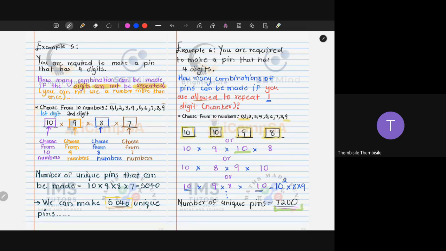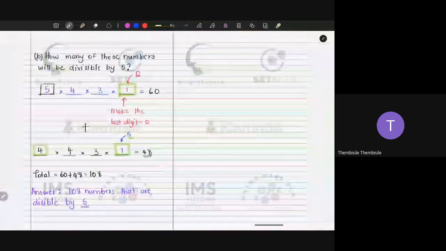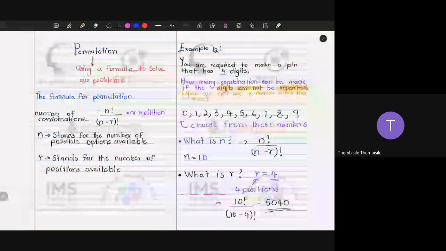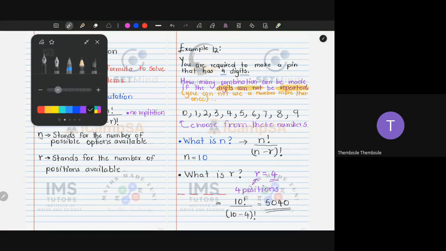So just please make sure that you know how to use your equation, guys. So we can use our equation for that. Any question on this equation? Very importantly, it's very easy to use when there's no repetition. Then there's another one which we use when you do have a repetition of things.